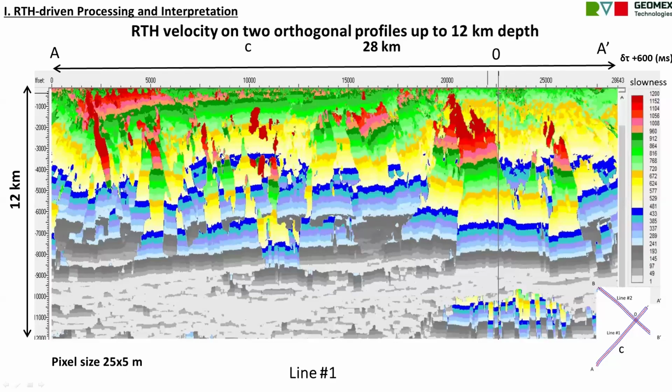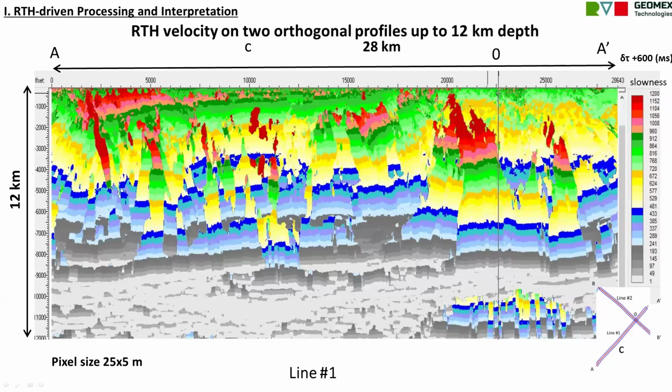12 kilometer with a detail 25 by 5 meter, 5 meter per depth. It is about 40 million pixels, in this case 2D pixels. So at the depth of 10 kilometer, we can see the low velocity object.